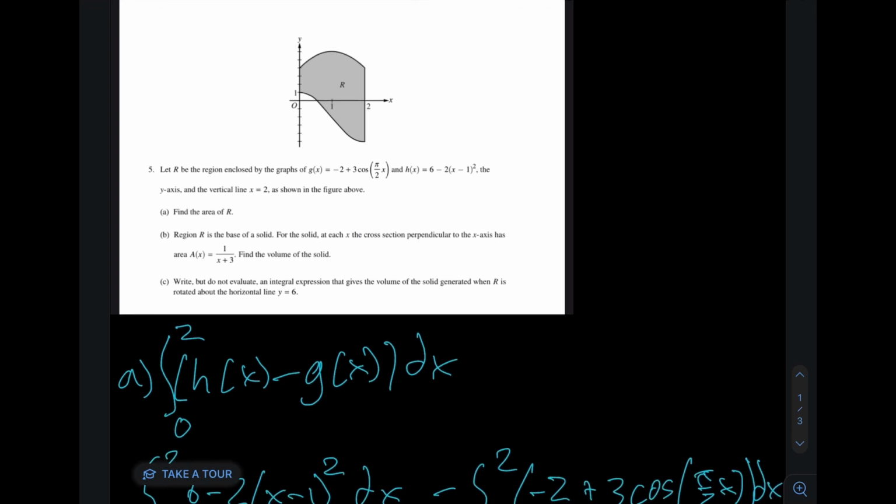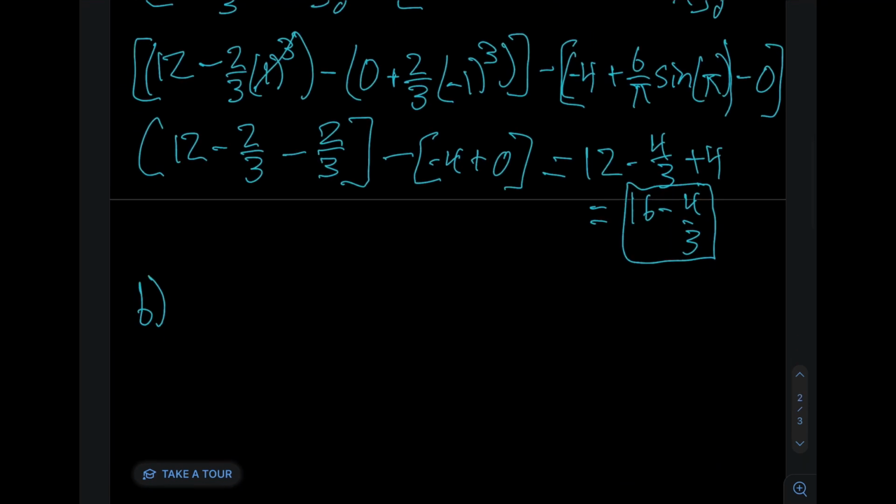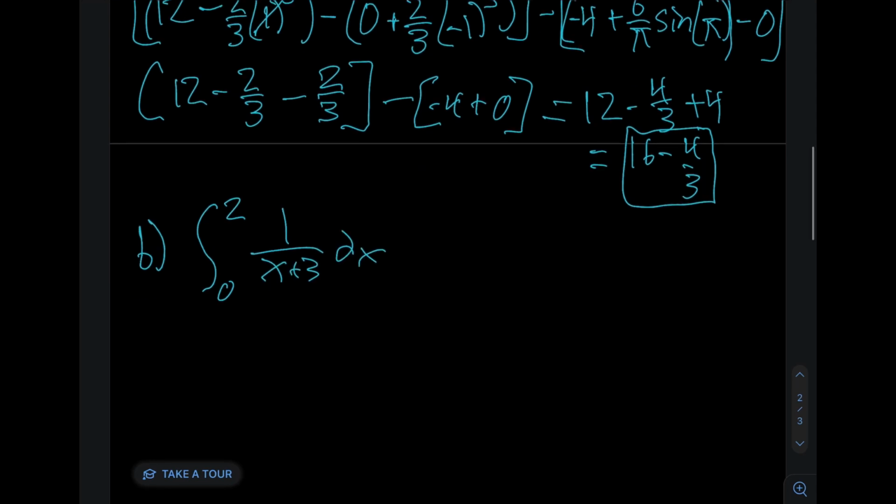So the area is 1 over x plus 3, so all we're going to do is integrate from 0 to 2 of 1 over x plus 3 dx. Now this is a pretty simple integral, right?